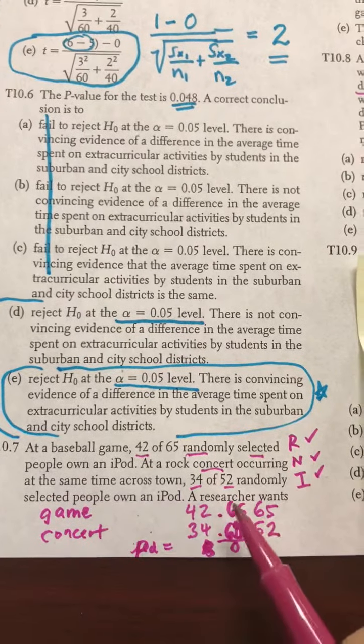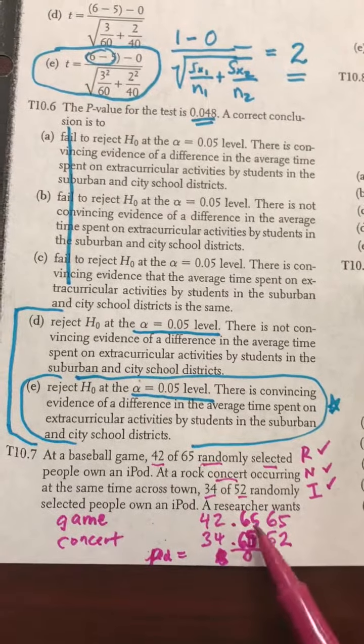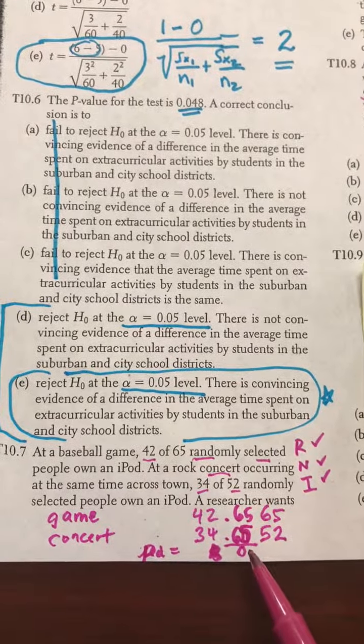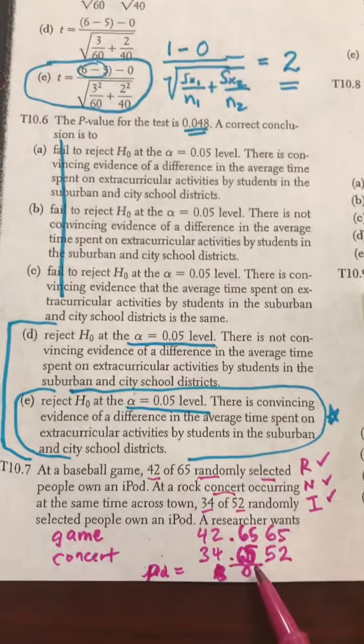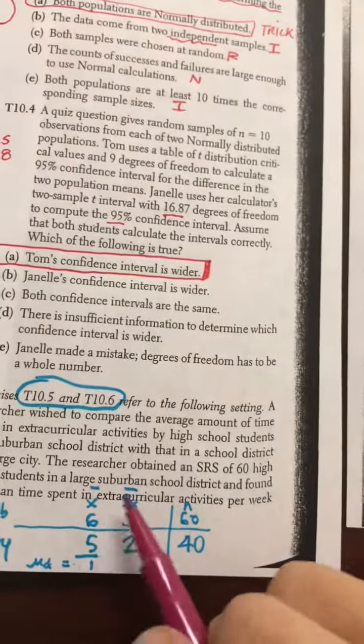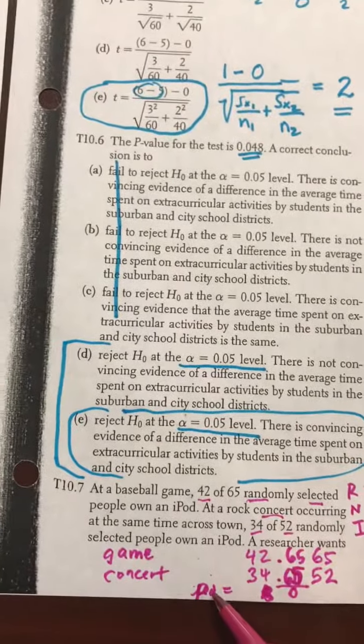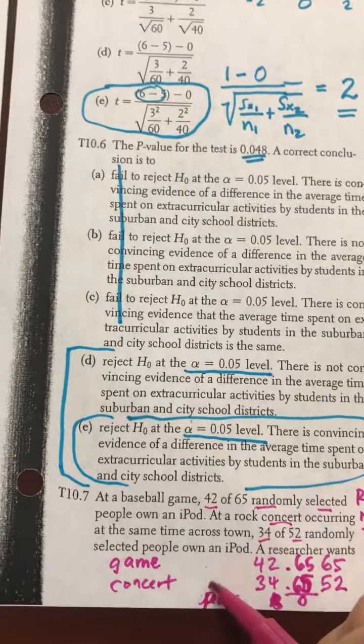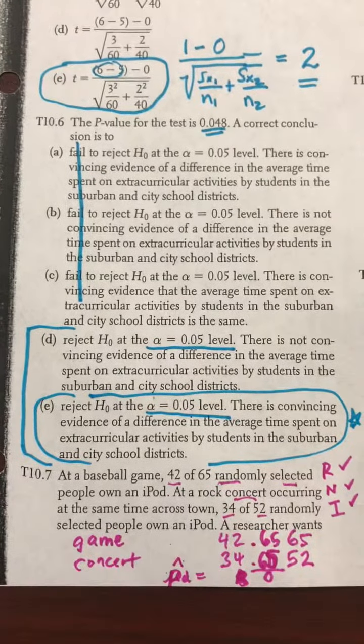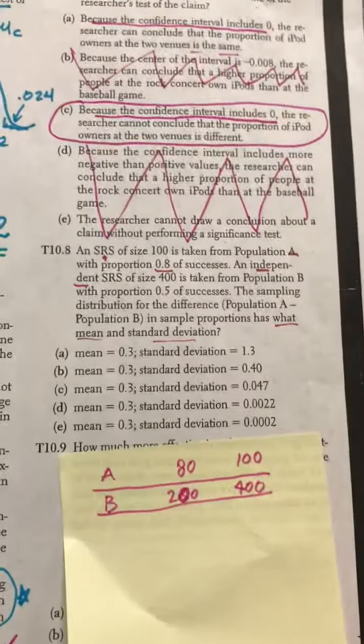Interesting, right? So the reason why this one was different than this one is this one is a mean question, right? And this is a proportion question. So I did calculate the proportion of my sample, the difference, and it was 0. Interesting. Okay, back to here.